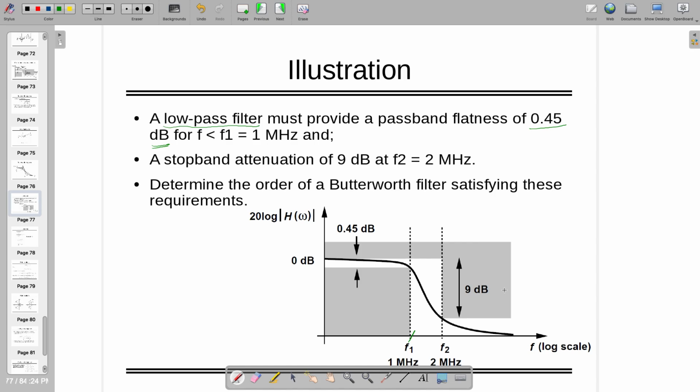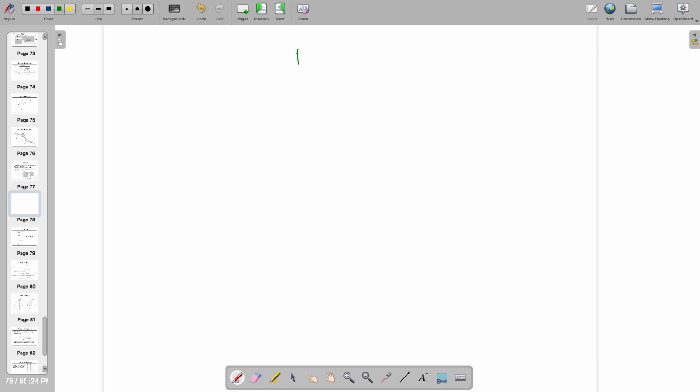So you need to determine the order of the Butterworth filter satisfying these requirements. Can you try? So we have only one equation.